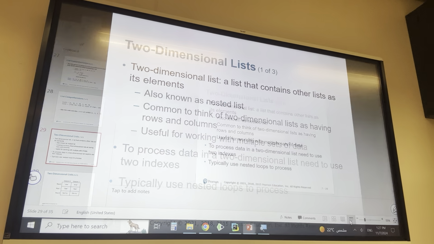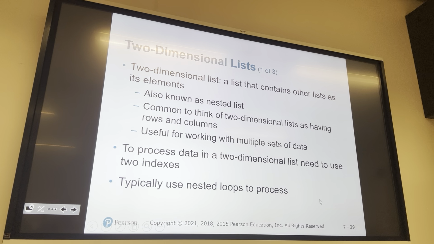What is this? 2-dimensional lists. What does this remind you of? Nested loops. Excellent. Now, this is going to be easy for you because you've already seen nested loops. What's a 2-dimensional list?